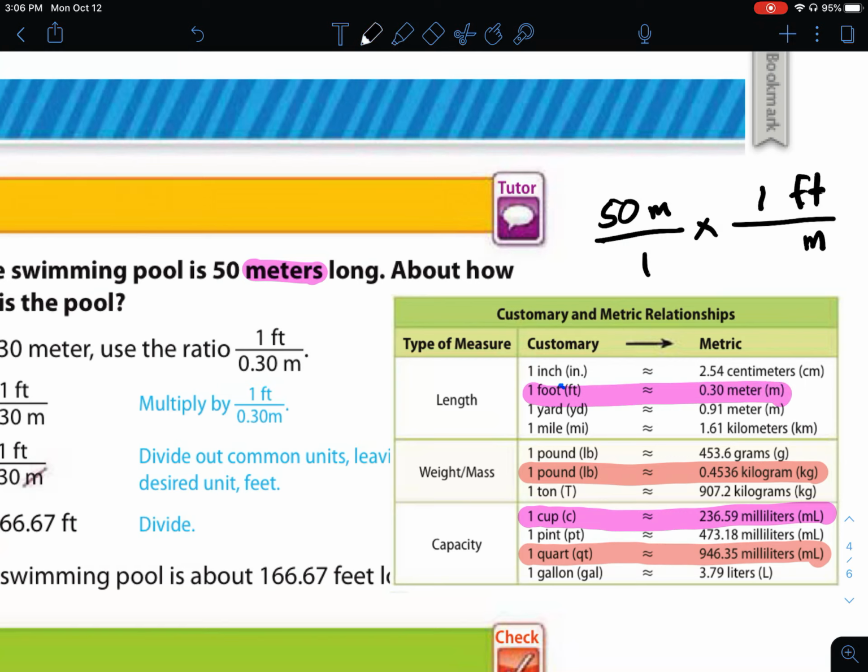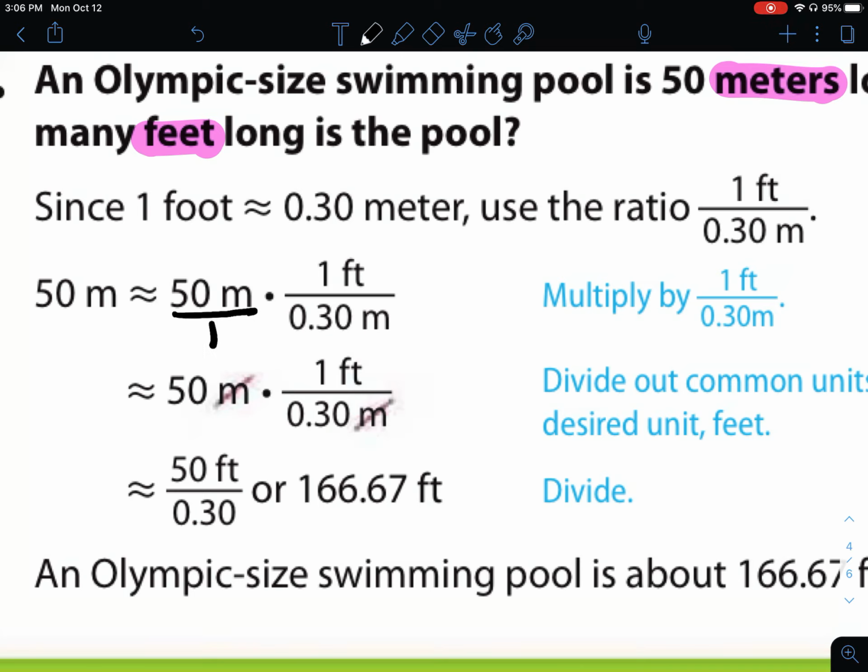So we know that 1 foot, we're going to write 1 foot here, is equal to 0.30 of a meter. Okay, and that's the reason why you get this 1 foot, put over that, and you notice that the meters cancel out right here, multiply straight.